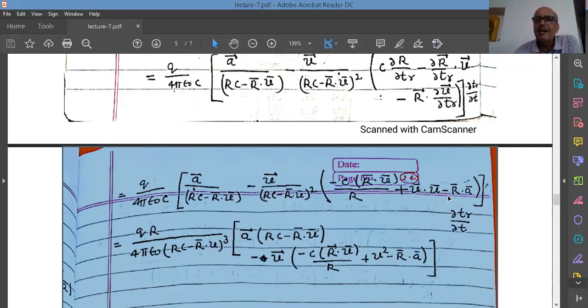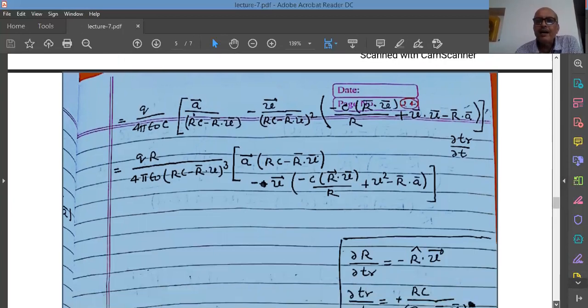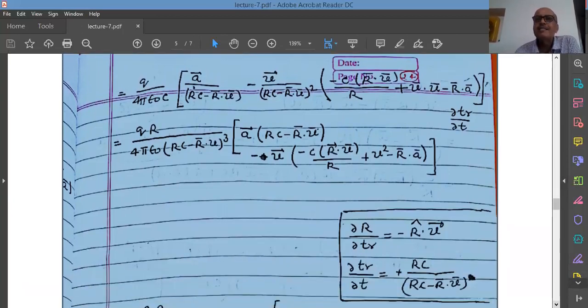So minus R dot A, and del t_r over del t is again now equal to Rc upon Rc minus R dot v. So I have made the substitution for del t_r over del t also. So that is Rc. That is why you see here c cancels out, and qR upon 4 pi epsilon 0, then 1 upon Rc minus R dot v will come from del t_r over del t.